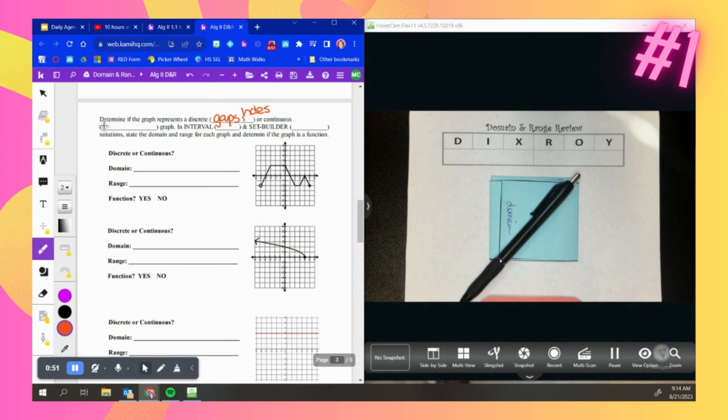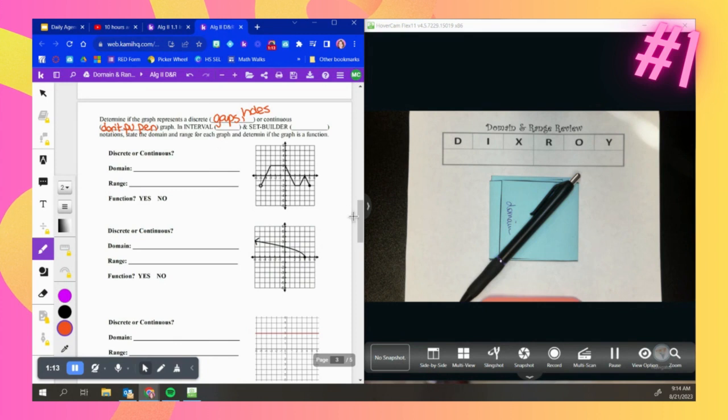On a continuous graph, you should be able to graph the entire thing without having to pick up your pencil. So I'm just going to write don't pick up pencil or pen. All right, so a continuous graph is going to go all the way through. You'll be able to do the entire thing without having to pick up your pen or your pencil.